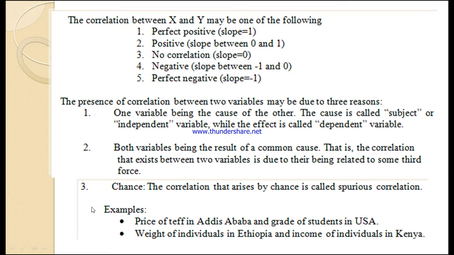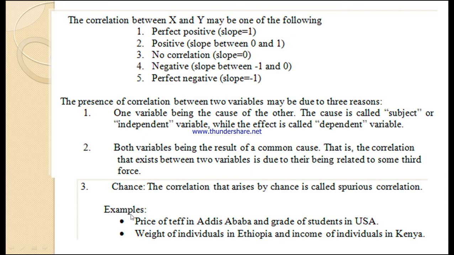The final reason for the correlation between two variables is chance, which means the correlation that arises because of chance, which is usually known as spurious correlation.